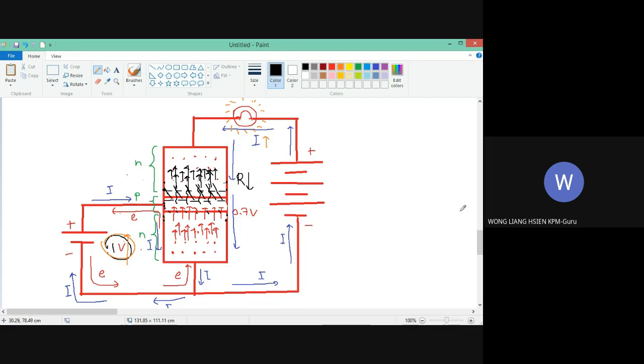Now that we already discussed how the transistor works, we want to discuss the names of the parts of the transistor.